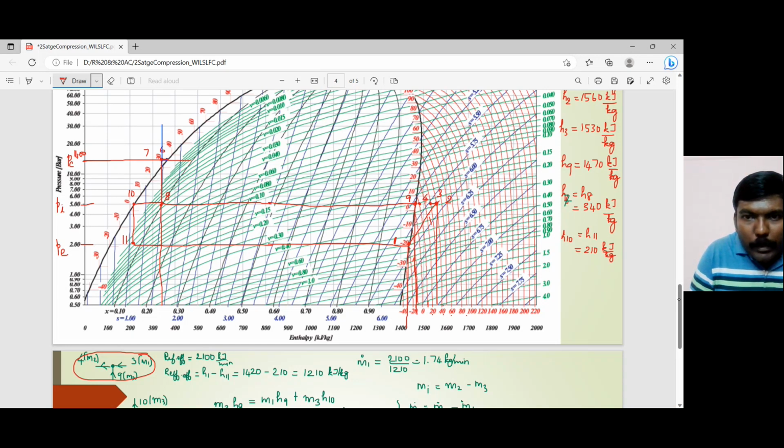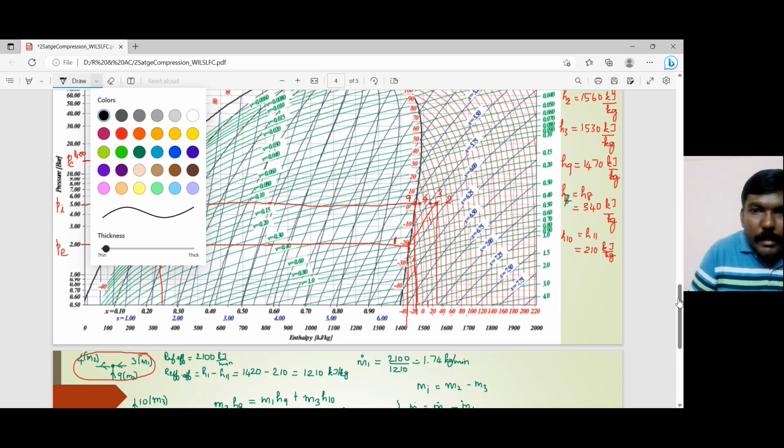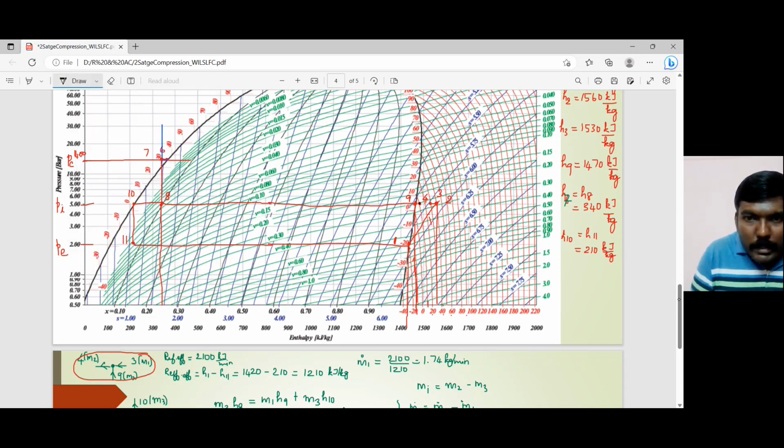So this is my point number 4. If you want me to show it in another color, let me use black over here. So this is my point number 4. Once again, I have to take the constant entropy line till it reaches the 14 bar line. The 14 bar line we have already drawn using red. So let me complete it in black. So it starts from here. That is the 14 bar line.